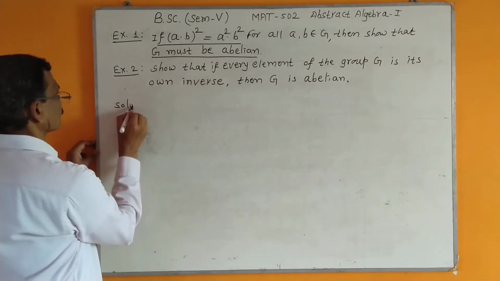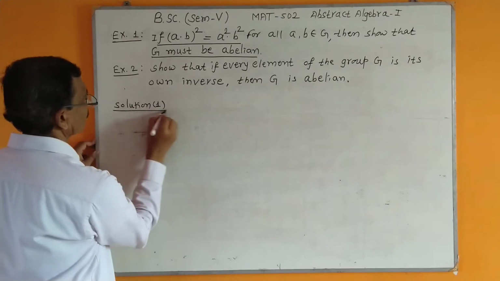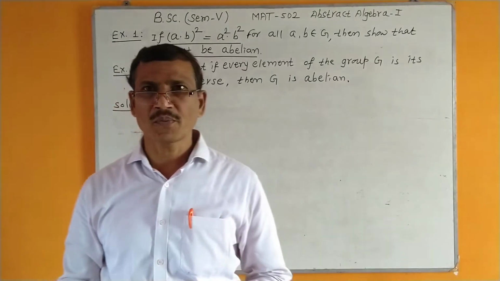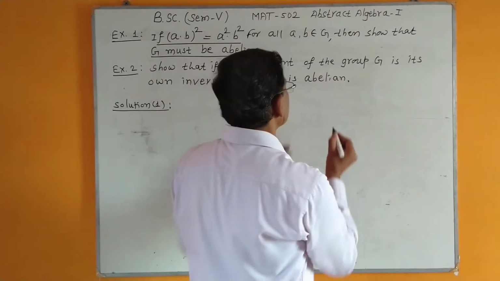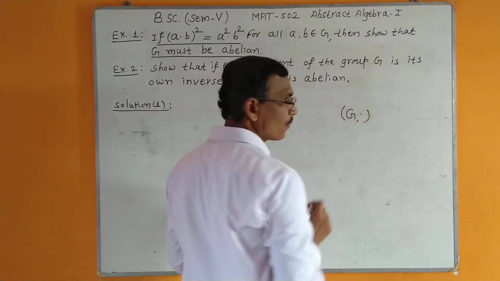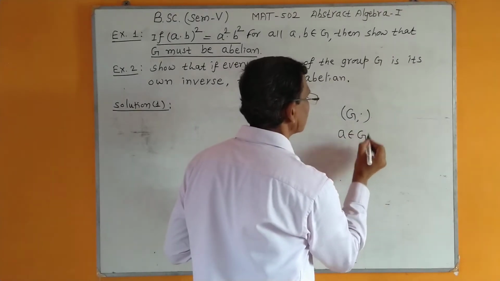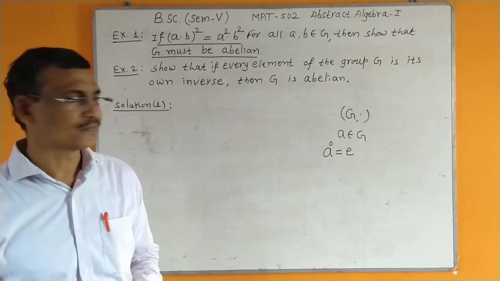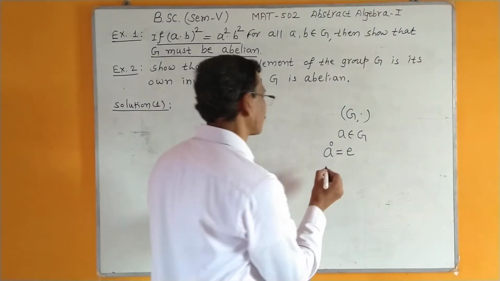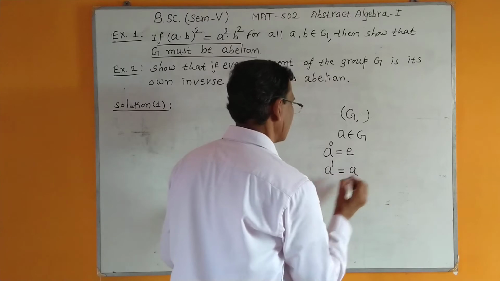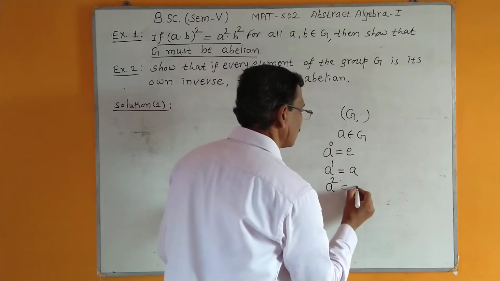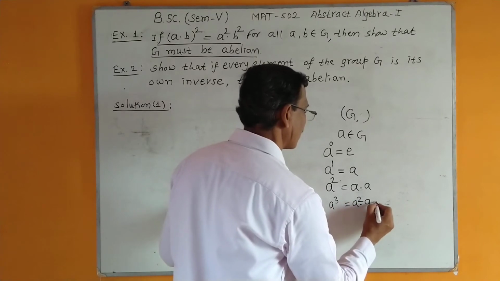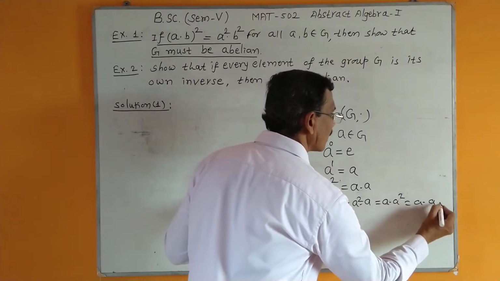Now, the solution of the first example. But before starting the solution, I will define the integral power of an element of the group G. Suppose (G, ·) is a group and a belongs to G. Then a raised to 0 is defined as e, the identity element of that group, whatever it may be. a raised to 1 is defined as a. a squared is defined as a·a. a cube is defined as a squared · a, or it can be written as a · a squared, and this is a·a·a.